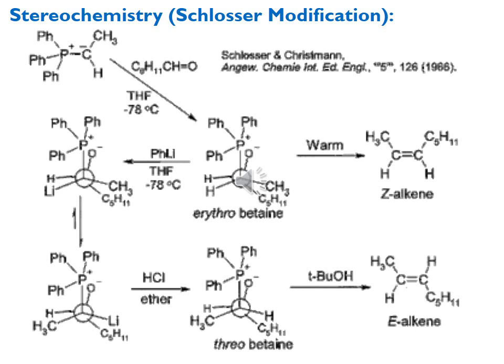This is called Schlosser modification, which was applied to Wittig reaction for the conversion of aldehyde or ketone into E alkene instead of Z alkene.